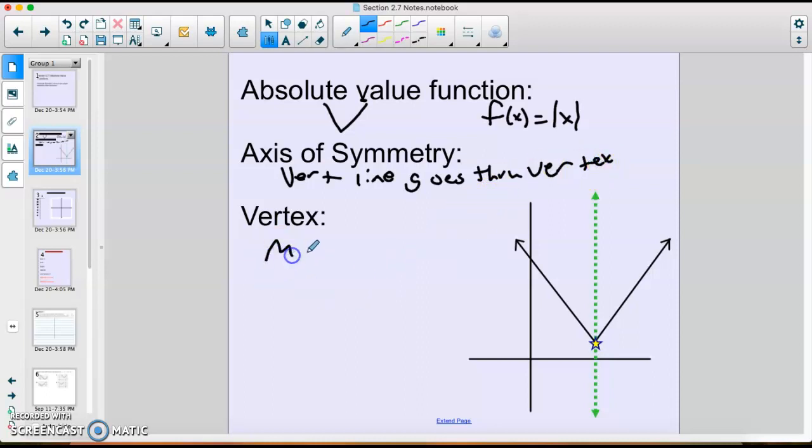It's our maximum or our minimum. So basically it's the point of the V. So this star down here, this would be your vertex. And then this is your line of symmetry, right here. It's a vertical line, it goes through the vertex. It's basically splitting your V in half.